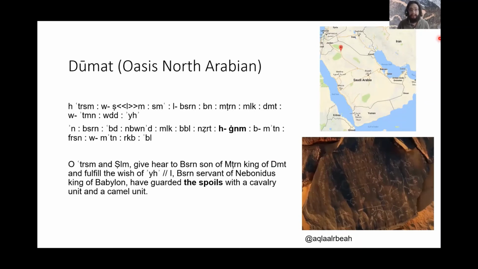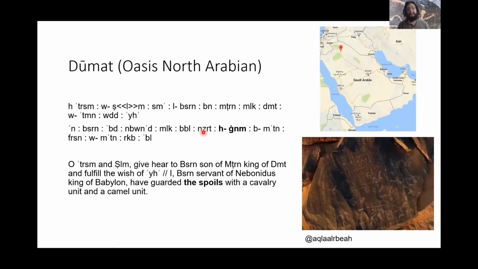Malik Dumat. So he's coming from here, and he calls himself Abd Nabunaid, though we don't know the exact pronunciation or how they would have pronounced it. He is the servant of Nabonidus, Malik Babil, king of Babylon. So we can date this to the middle of the 6th century BCE. Pretty early.